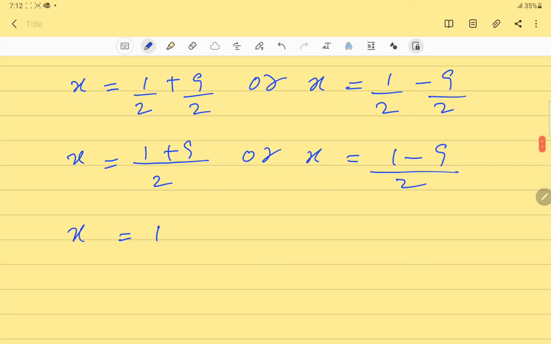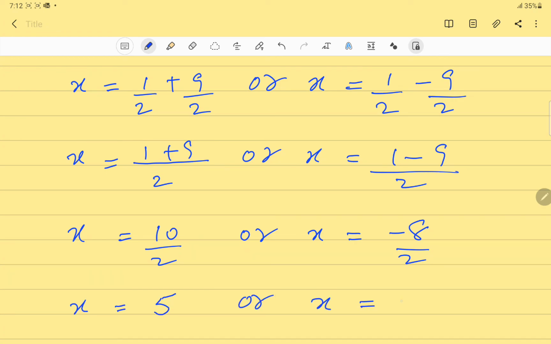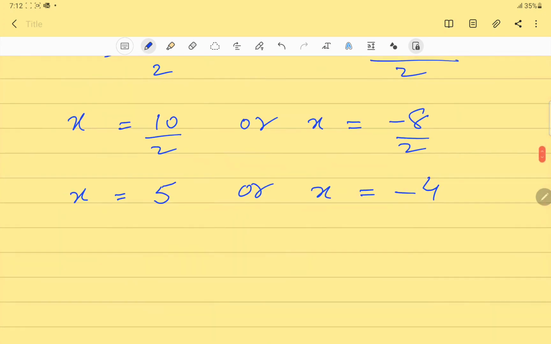So x is equal to 10 over 2, or x is equal to minus 8 over 2. So the final values of x are either 5 or minus 4. So the solution set in this case is: one value is 5 and the other one is minus 4.